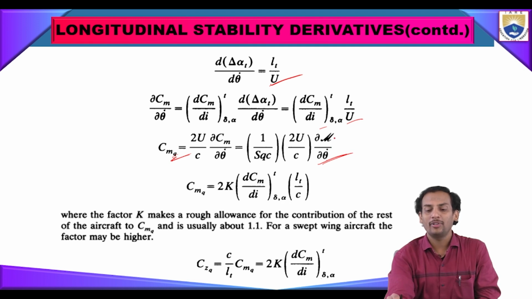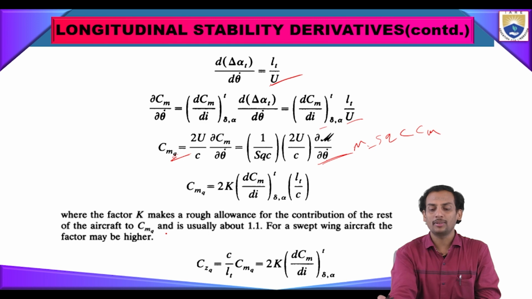So again, M will be equal to SQc into Cm. So if you substitute that one, here it will be 2k into dCm by d-eye-t into lt by c that we get. So here k is the rough allowance for the contribution of the rest of the aircraft to Cmq, and this is usually at 1.1 level only.